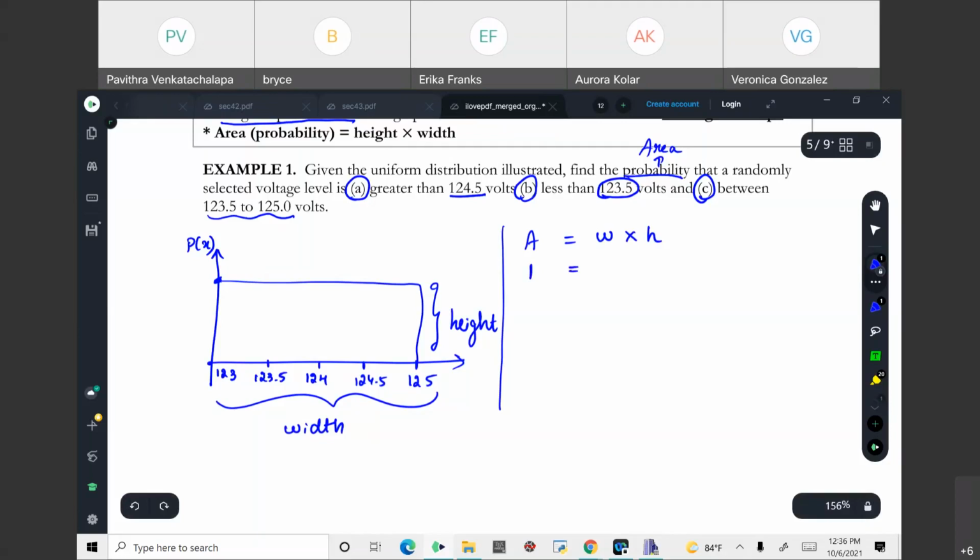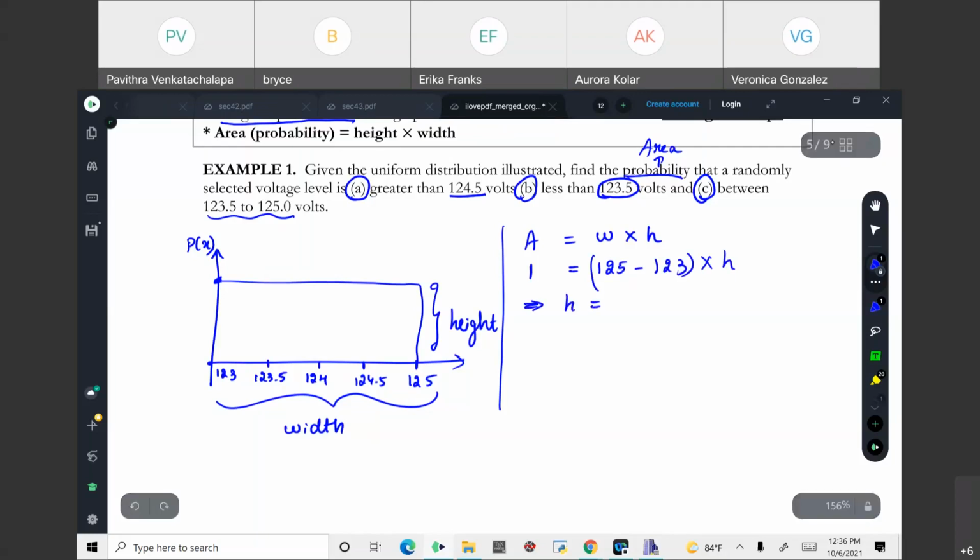Now, how do you calculate the width? Very simple. 125 minus 123. So if I subtract these two, the minimum and maximum, I will get the width of the rectangle into height. I do not know what the height is, right? So this is what I want to calculate.